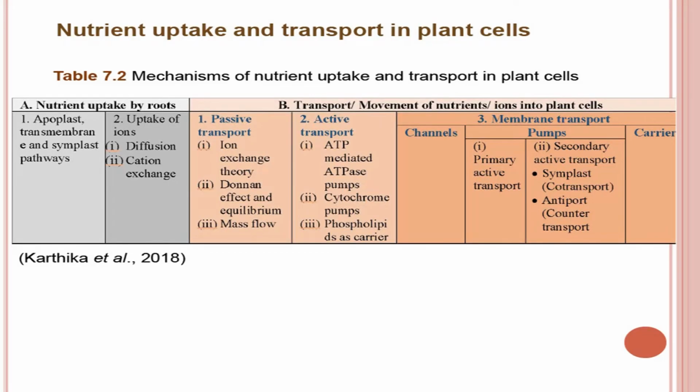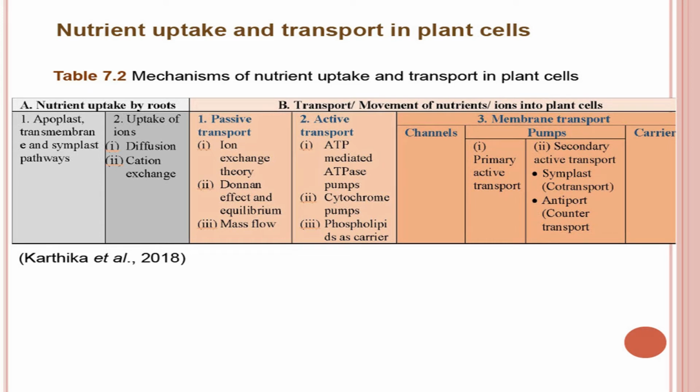If you understand this classification, then the rest of the part will be much easier for you. Nutrient uptake by roots means just entry of nutrients into the root, and then they pass through the cells from one cell to another cell. That process is called transport or movement of nutrients or ions into plant cells.